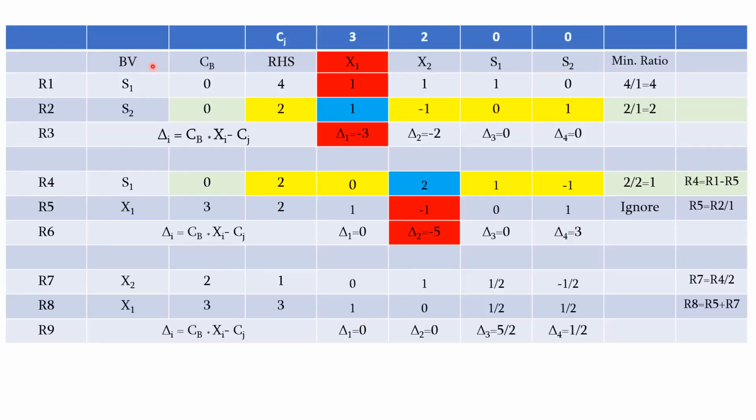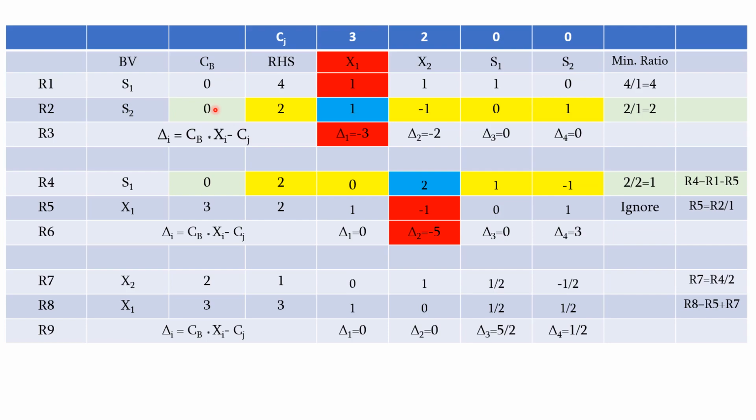Here you see this is the basic variable. BV means basic variable. Whatever is in this column is called the basis. CB is the coefficient of these variables in the objective function. What is the coefficient of s1 in the objective function? It is 0. What is the coefficient of s2 in the objective function? It is 0.